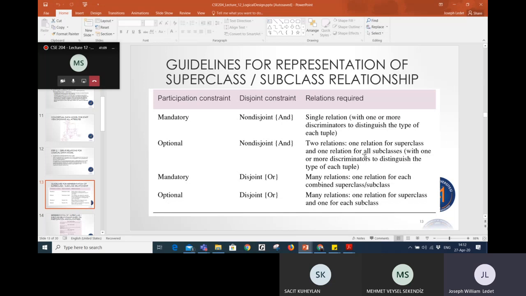All right, so let's go into the disjointed ones, the or. If it's one, it cannot be another. Mandatory or means it must be one of the lower ones, but if it's one of the lower ones, it cannot be any of the others.